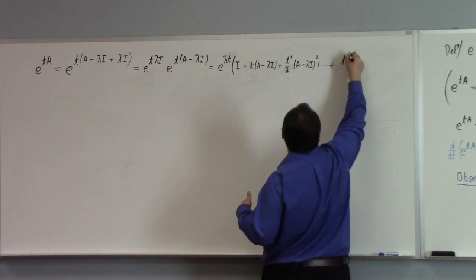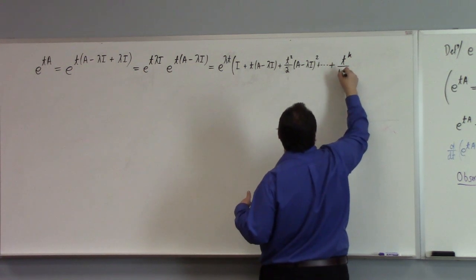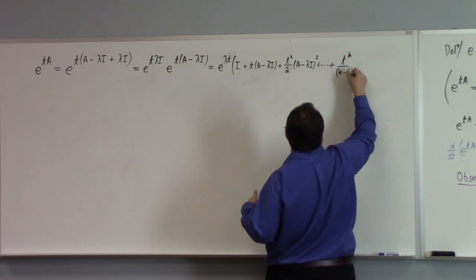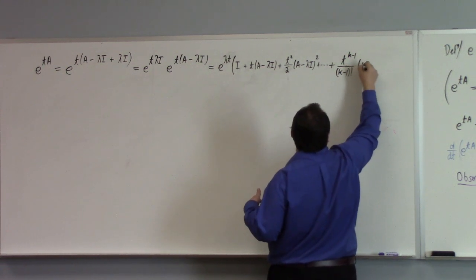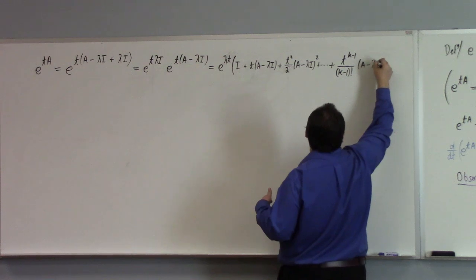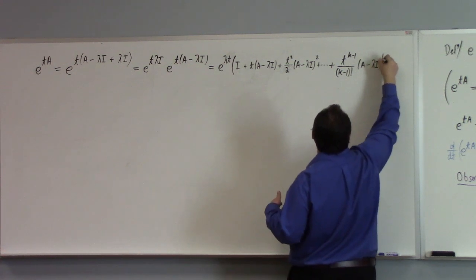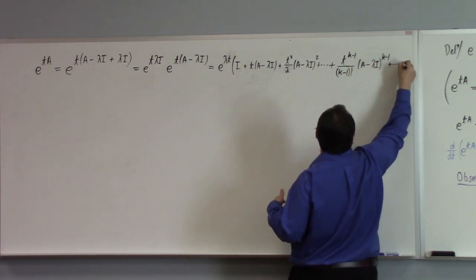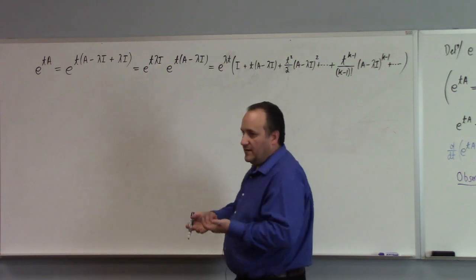Eventually you have t to the k minus 1 over (k minus 1) factorial, times (A minus lambda I) to the k minus 1, and so forth and so on, forever and ever, right? This is what I call the magic formula.